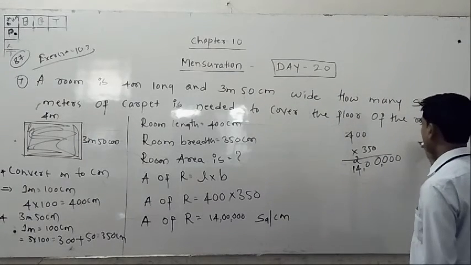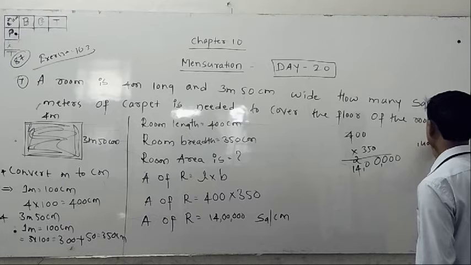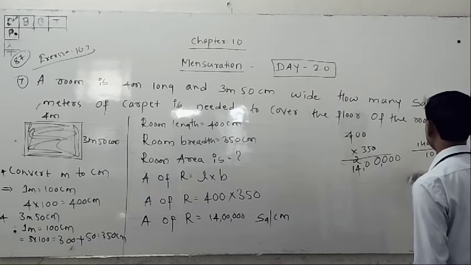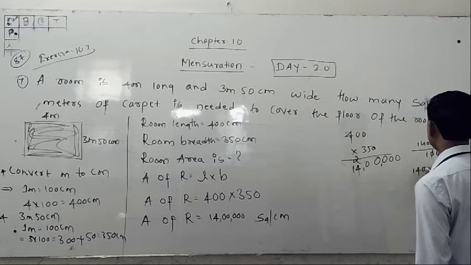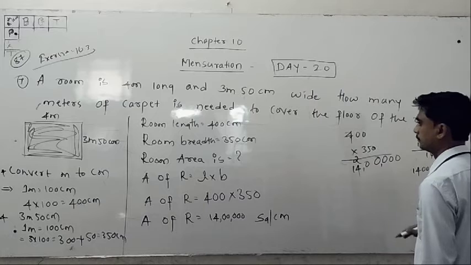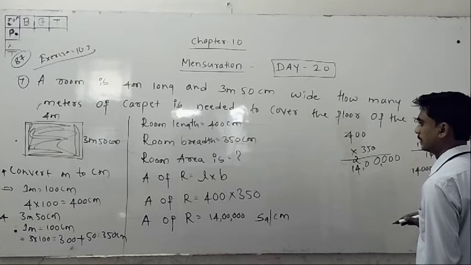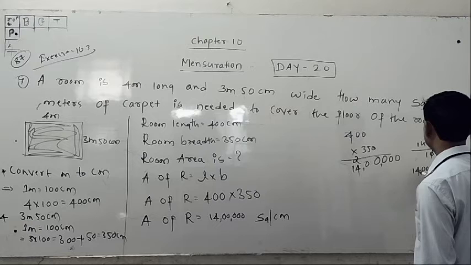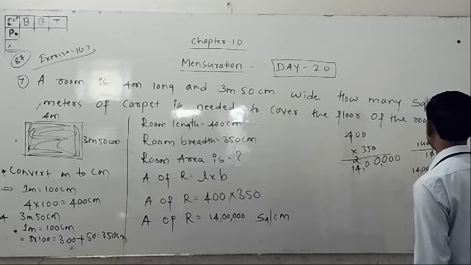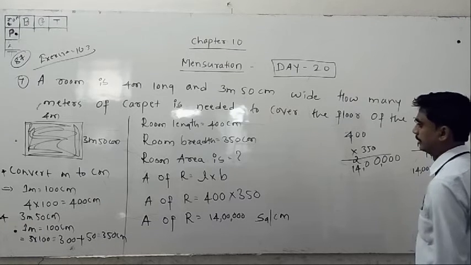Then you have to do it here: 14 divided by 100, 10 10 10 10. 14,000 square meter.